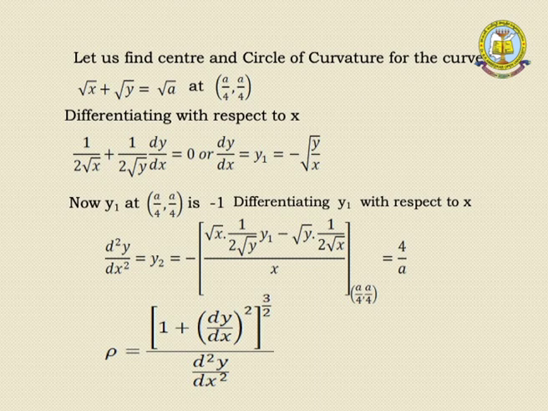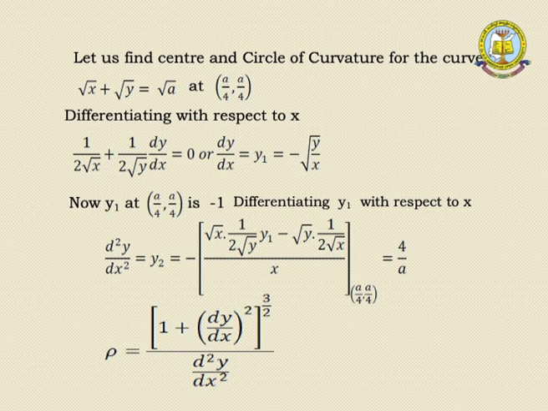If you differentiate root x plus root y is equal to root a, you will get 1 by 2 root x plus 1 by 2 root y into dy by dx is 0, or dy by dx, which is y 1, is minus square root of y by x. By simplification we get this.